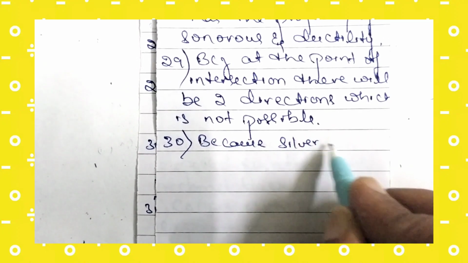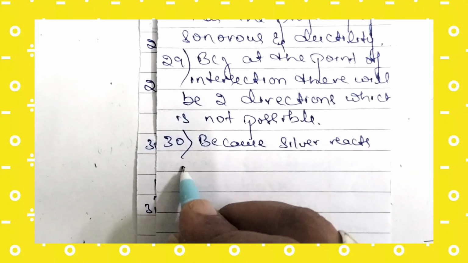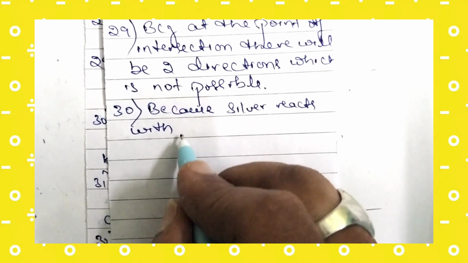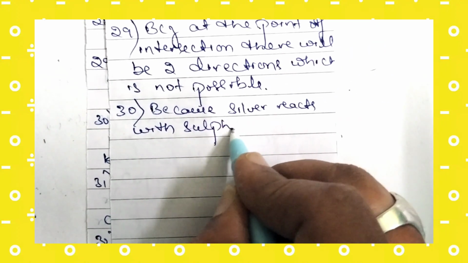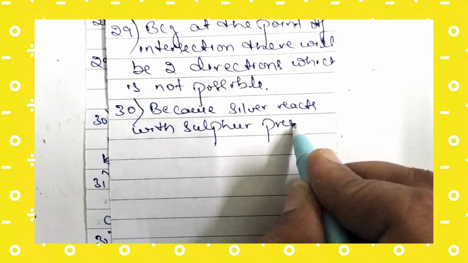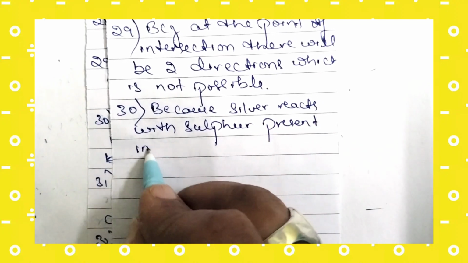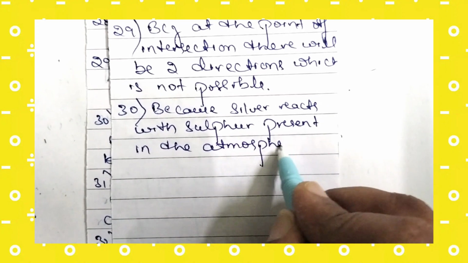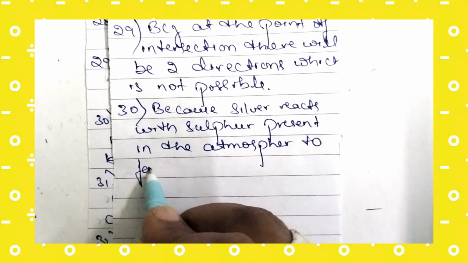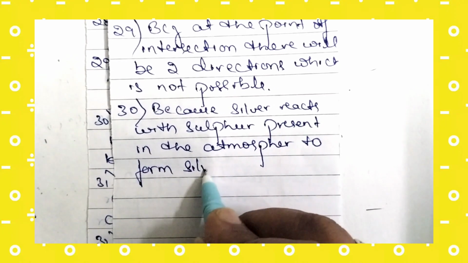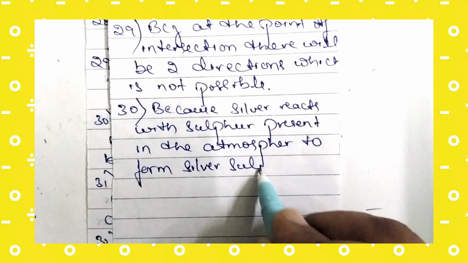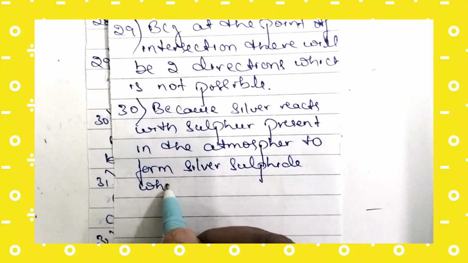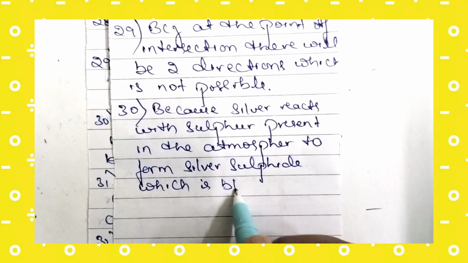silver reacts with sulfur present in the atmosphere to form silver sulfide, which is black.